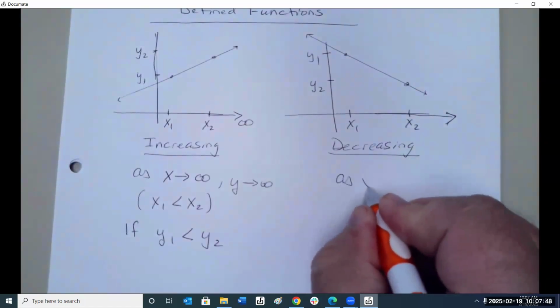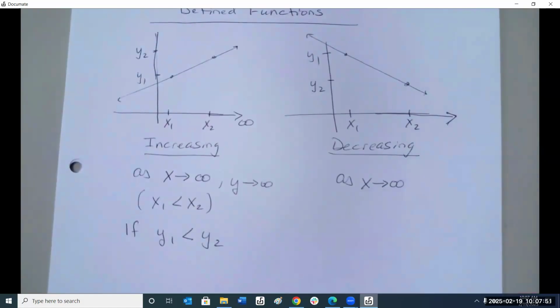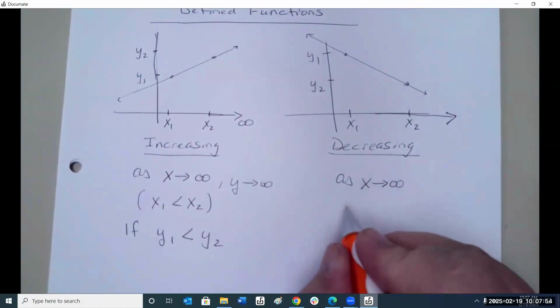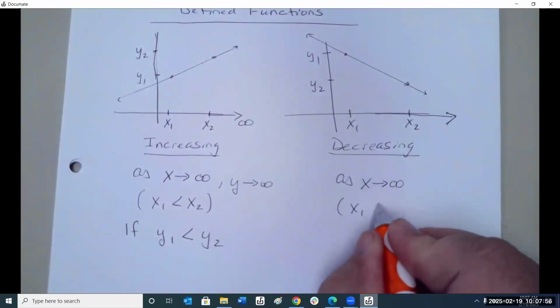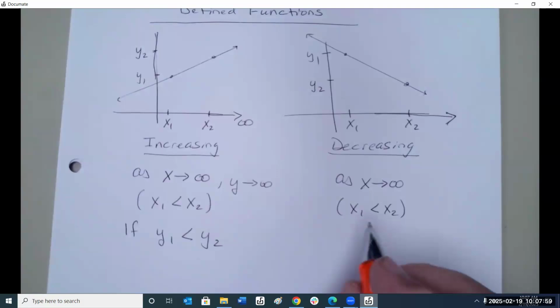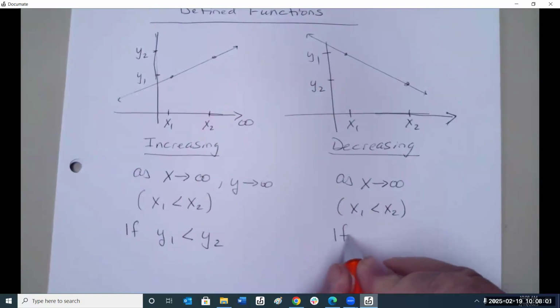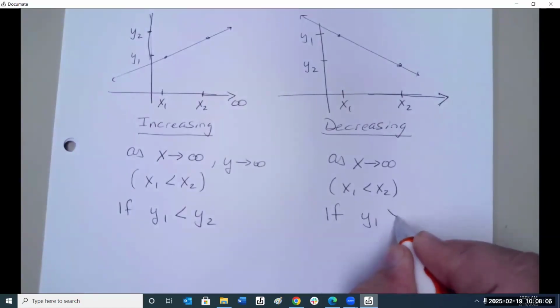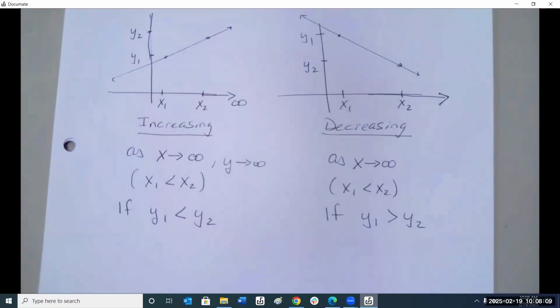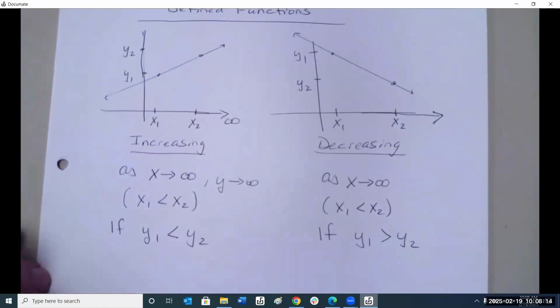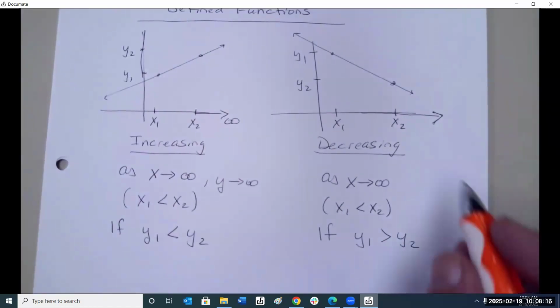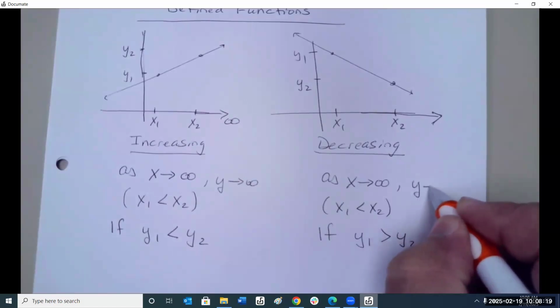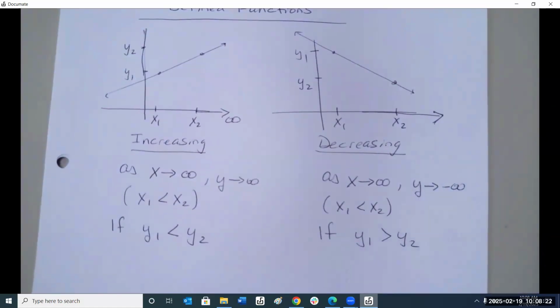So as x goes to infinity, in other words, what that means is x1 is less than x2. It's decreasing if y1 is greater than y2. So what this really says is as x goes to infinity, y goes to negative infinity. It's going down.